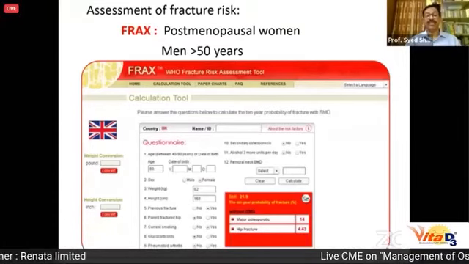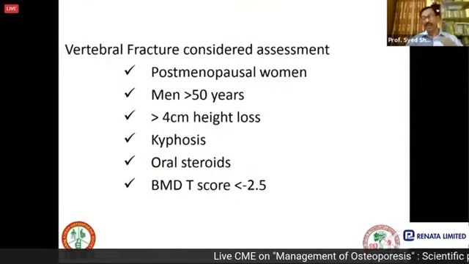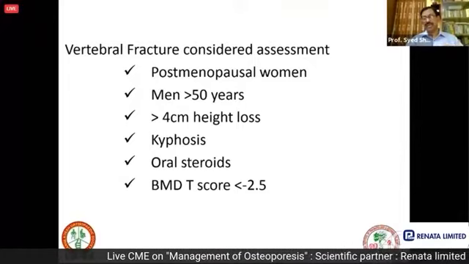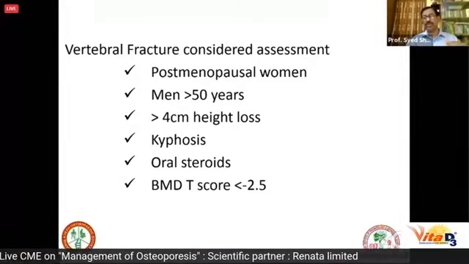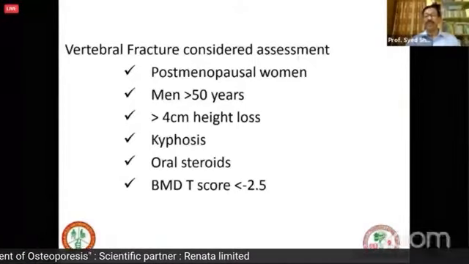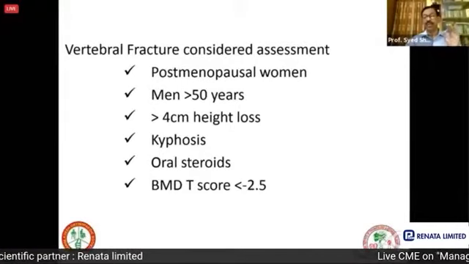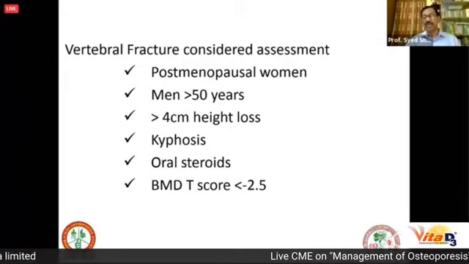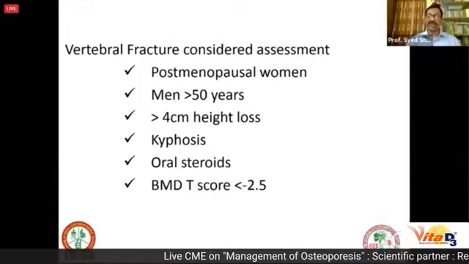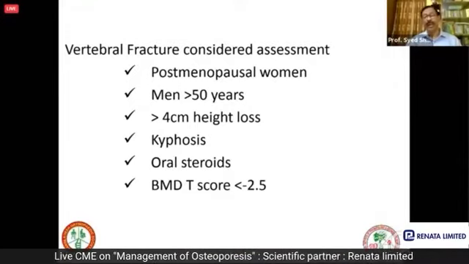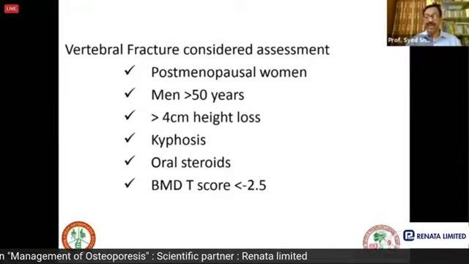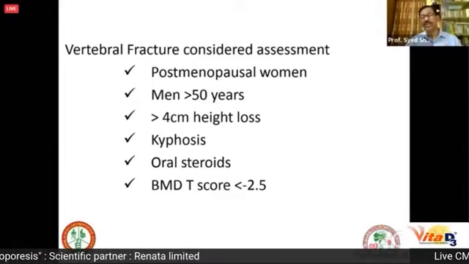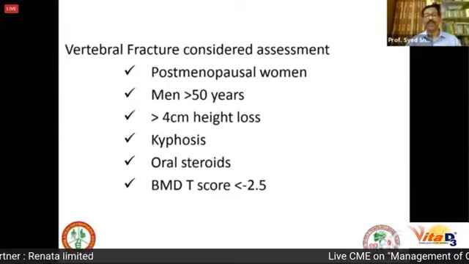This is not available in our country. So vertebral fracture can be assessed in postmenopausal women and men over 50 years if there is more than 4 centimeter height loss, if the patient has kyphosis, is on oral steroids, and has a BMD T score of minus 2.5 standard deviations or less.